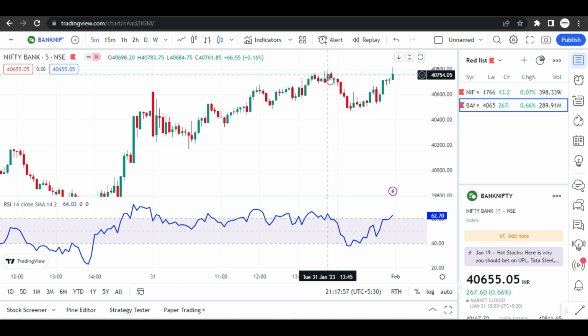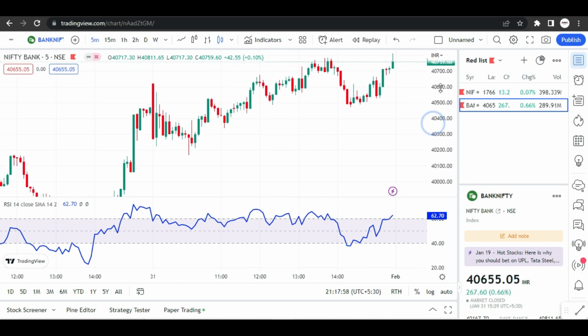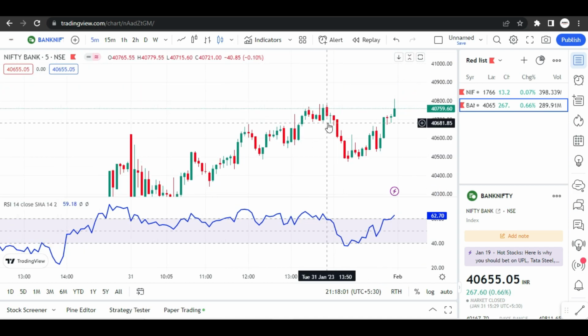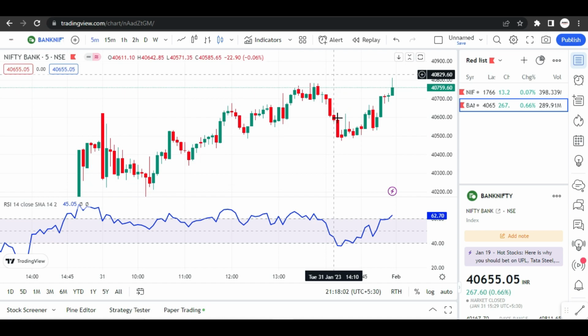If you are not able to see, I'll make it a little bit more visible. Now here, this green doji is an indecision candle. If its low is taken by this red candle, you can look for entry at this point and keep your stop loss one tick above the previous red candle high.